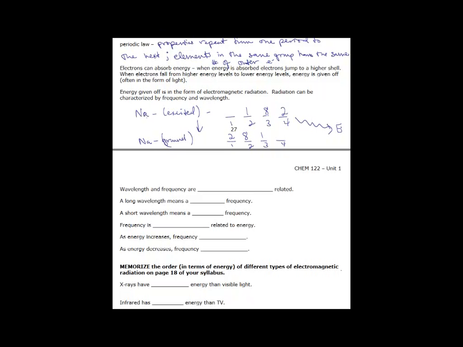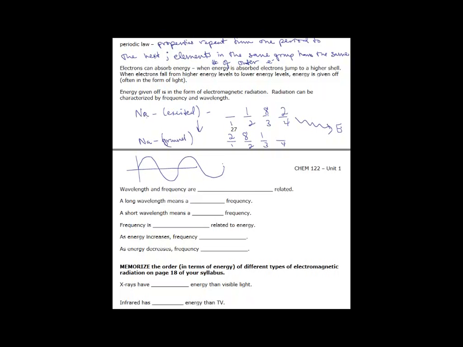So when I talk about wavelength, I'm talking about this. That is one wavelength. Frequency is how often these wavelengths pass. So if you have a long wavelength, that means you have a lower frequency.